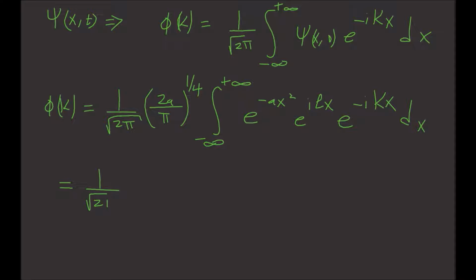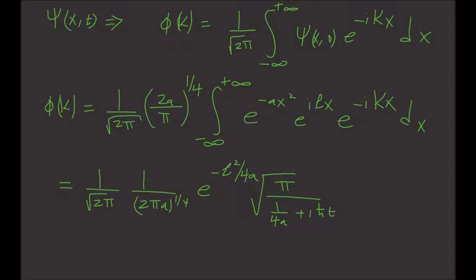Divide by square root of 2 pi times 1 divided by 2 pi a to the 1/4, times e to the minus L squared over 4a, times the square root of pi divided by 1 divided by 4a plus i times h bar times t divided by 2m.